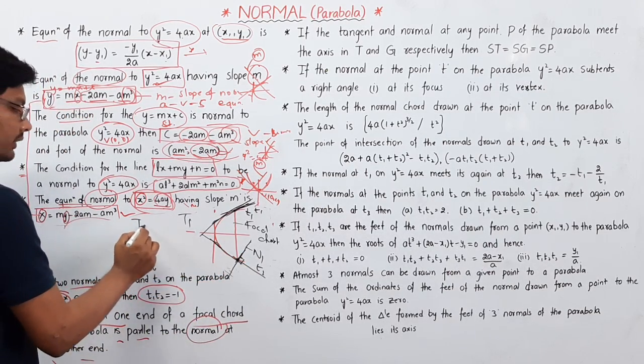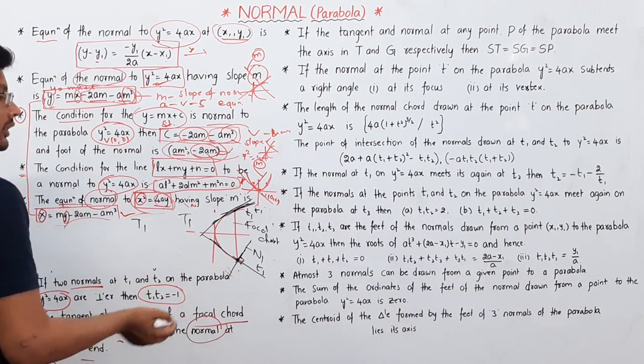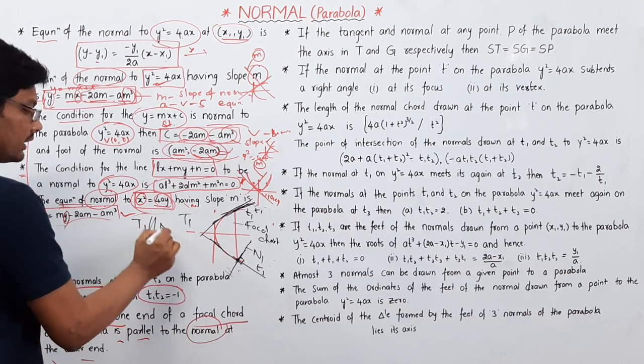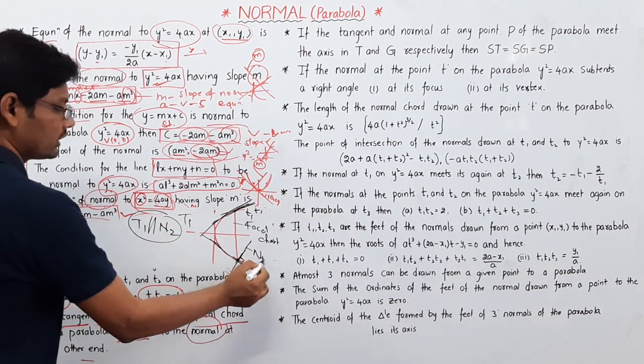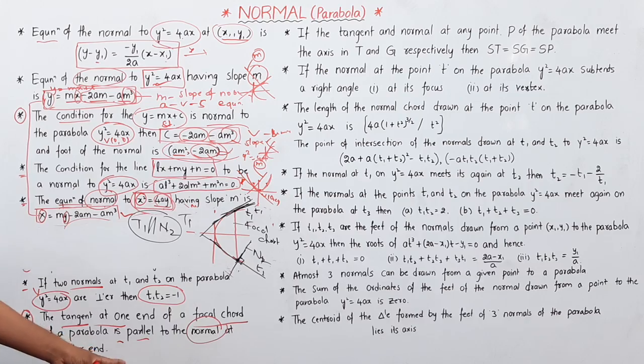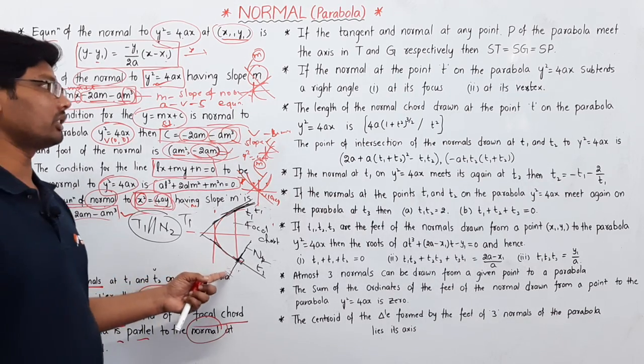This T1 and this normal N2 are both parallel to each other. This is what he is saying about this point.